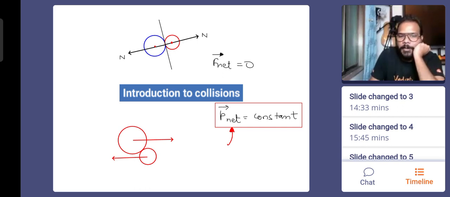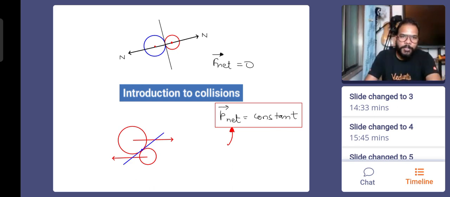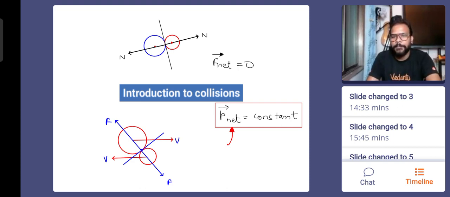Obviously not, because if you look at their point of contact, draw a tangent over there. The force on both of them will act perpendicular to the tangent at this point of contact. Now you can see that these two forces and the velocities are not in the same line. So definitely they both will not move in that direction, they will be under oblique collision now. This guy will go like this and this guy will go like this.